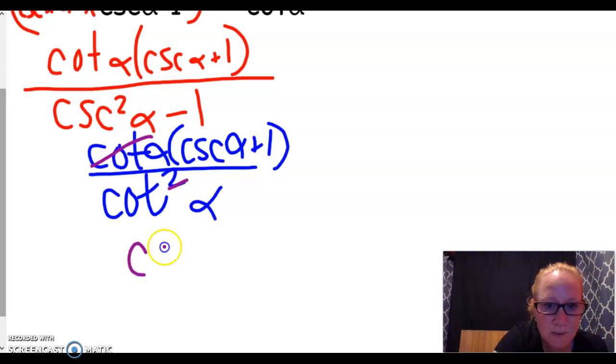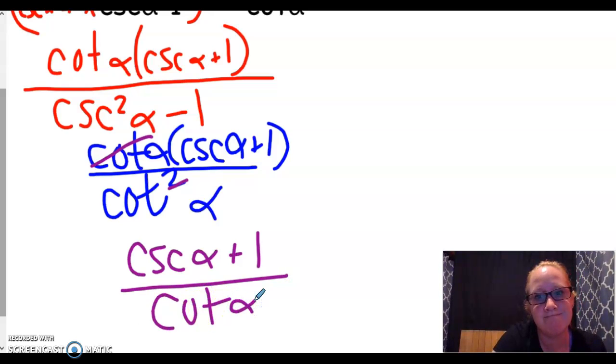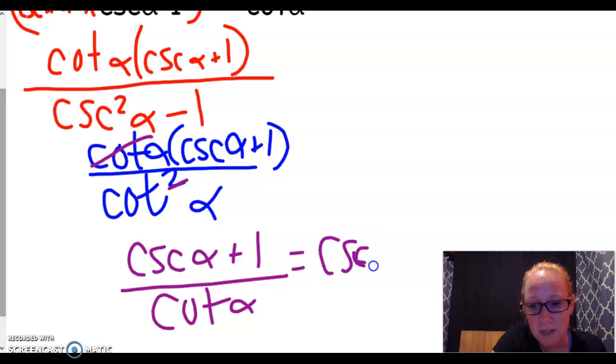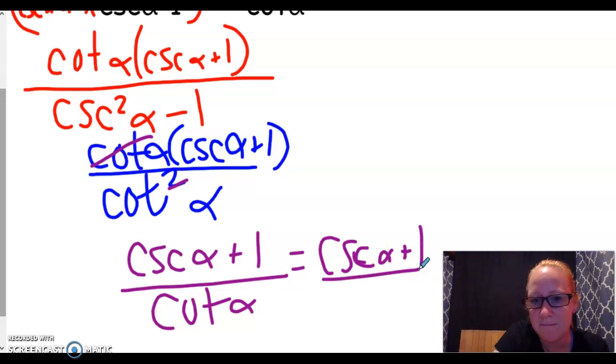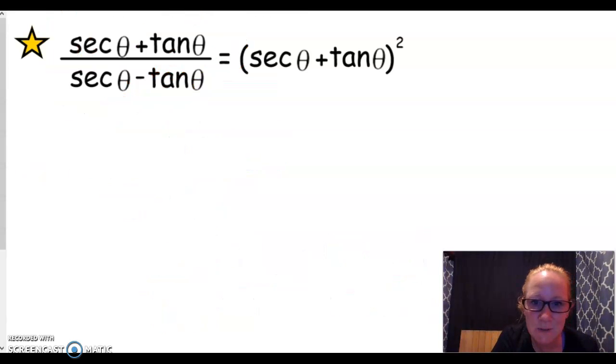So now cosecant alpha plus 1 all over cotangent of alpha. And that's what I wanted. Yay, I could have gone and done it on the other side, would have been very similar. I would have multiplied by the conjugate on the top, but this worked. There we go. All right, let's do one more.